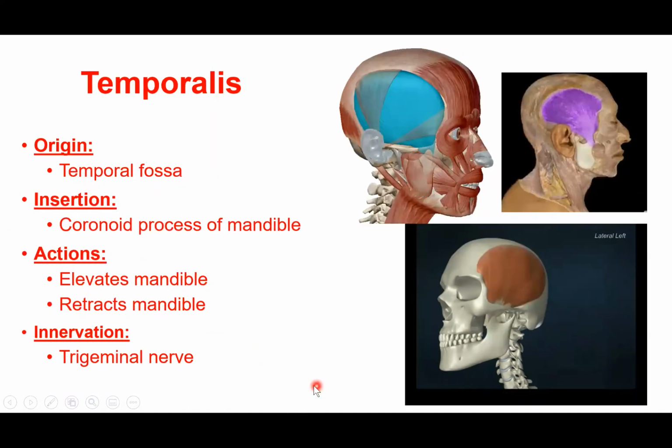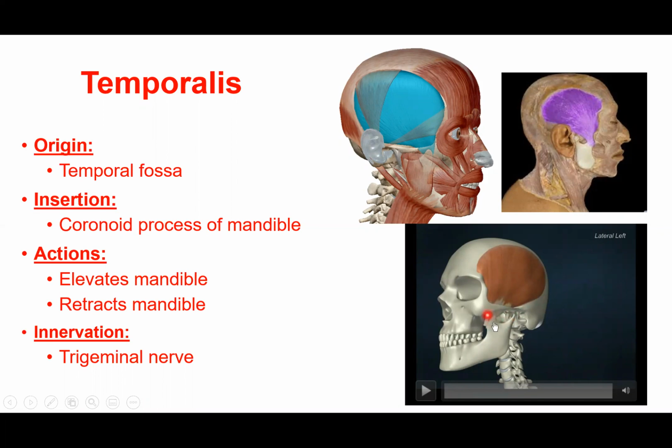All right, so the next muscle here is the temporalis muscle. It originates over the temporal fossa of the temporal bone, and it inserts into the coronoid process of the mandible. So when we had the mandible, it's going to have the angle, and then we had this little end piece with two pointy parts.